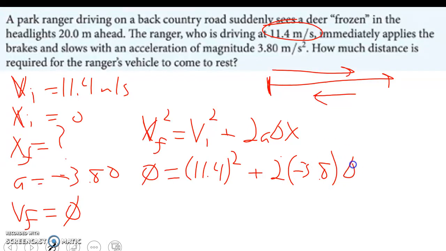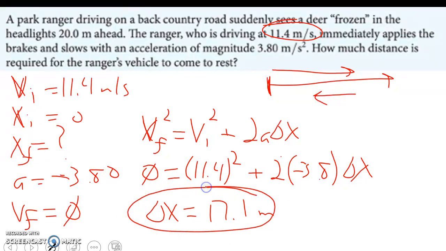And then we're going to get our change in position from there. So 11.4 squared divided by 2 times 3.8 gives me a change in position of 17.1 meters, which means by applying the brakes, I will travel 17.1 meters.